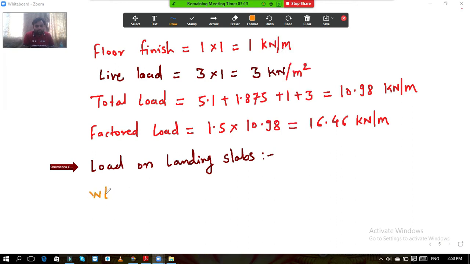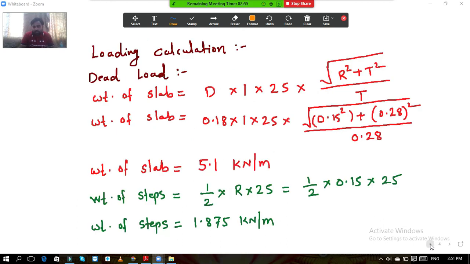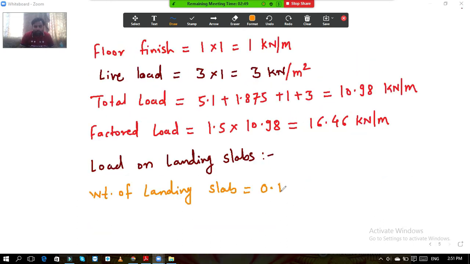weight of landing slab. Weight of landing slab is equal to, what is the overall depth we have taken? I think 180. Okay, so it is 0.18.